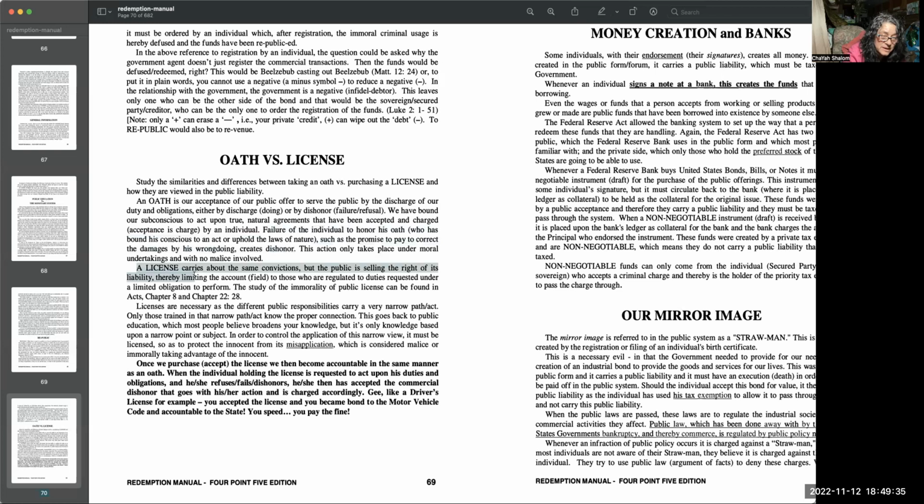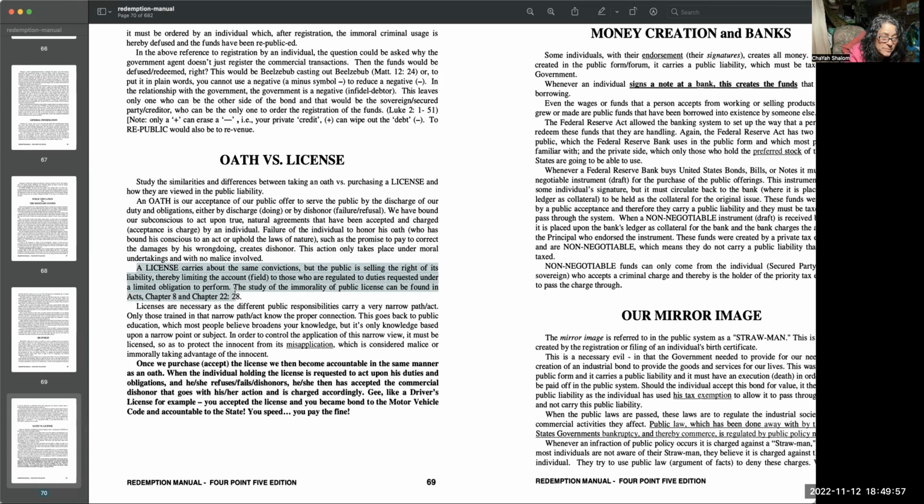A license carries about the same convictions, but the public is selling the right of its liability, thereby limiting the account field to those who are regulated to duties requested under a limited obligation to perform.